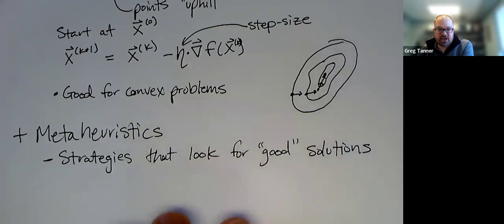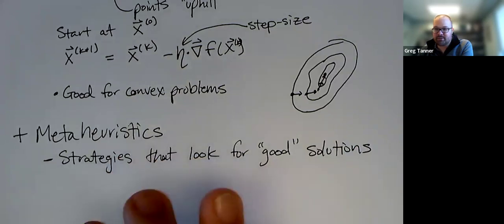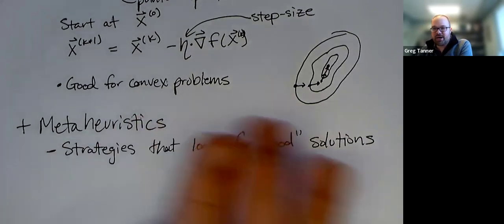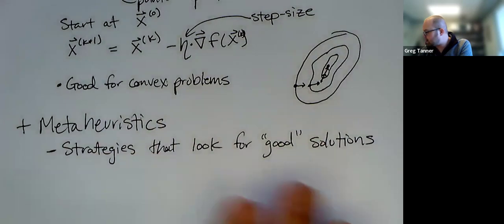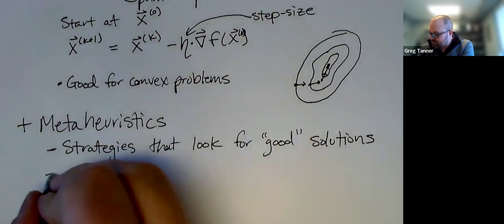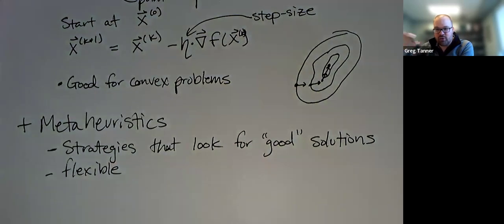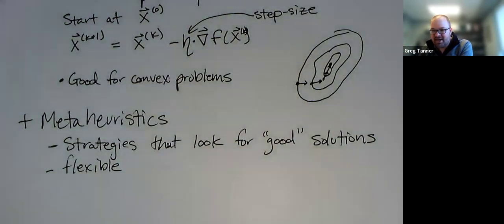Okay, and a lot of these strategies are built to deal with non-convex optimization, and they're built around searching a broad area of the feasible region. They're flexible, overarching strategies that you can then make specific to your problem.